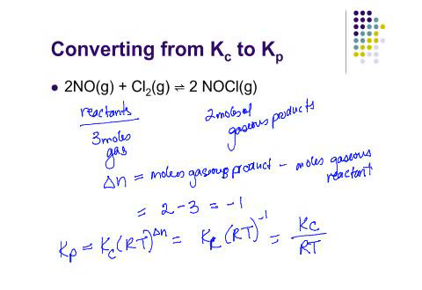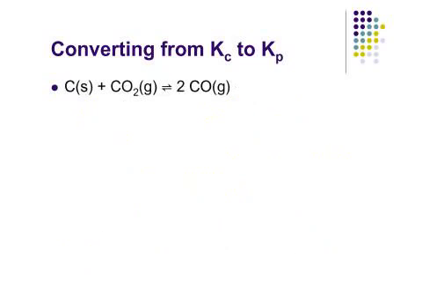Should we look at another example? All right, let's look at this. Now, what do we know about solids in KEQ expressions? They're not included. How many moles of gas do I have on the reactant side? 1. How many moles of gas do I have on the product side? 2.